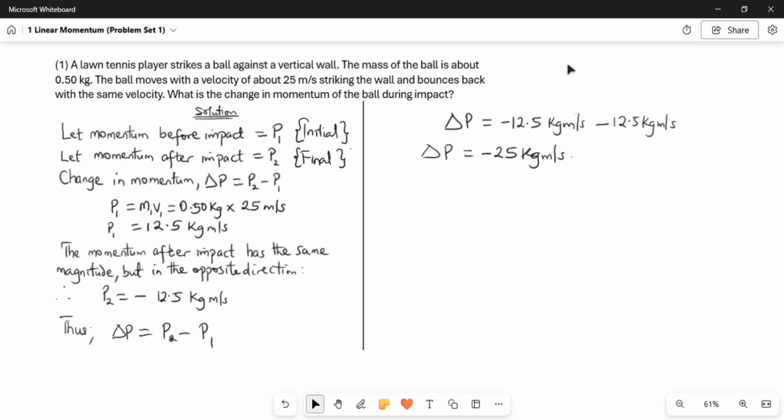So from there you can now get the change in momentum during impact, and that will be minus 12.5 kg meter per second, which is P2, minus P1, and P1 is 12.5 kg meter per second. So eventually that gives us minus 25 kilogram meter per second.